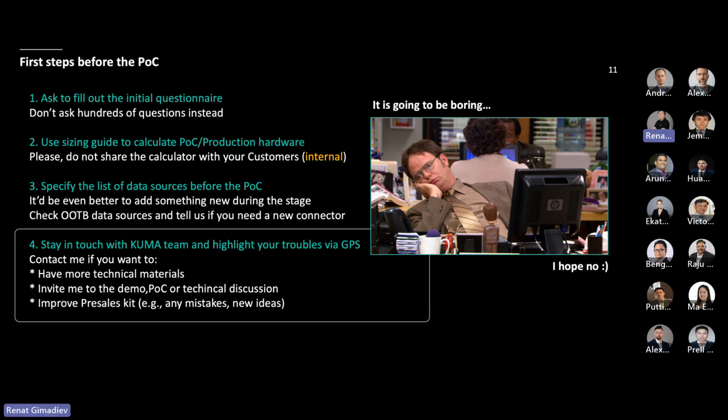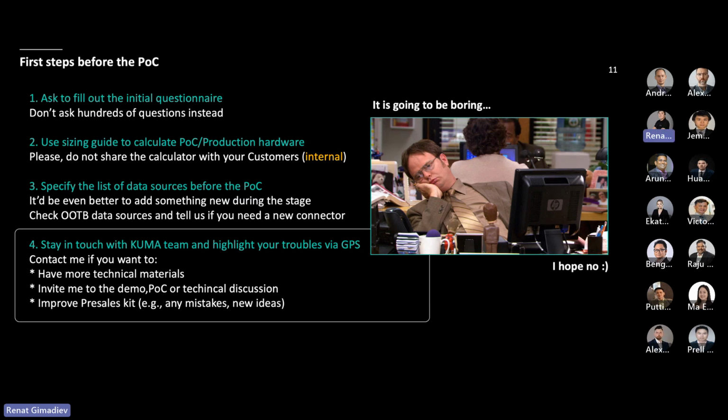So the next is to use the sizing guide to calculate the POC and production hardware. In most cases, with you guys, with all other regions, the first question that I got was how to calculate the hardware.